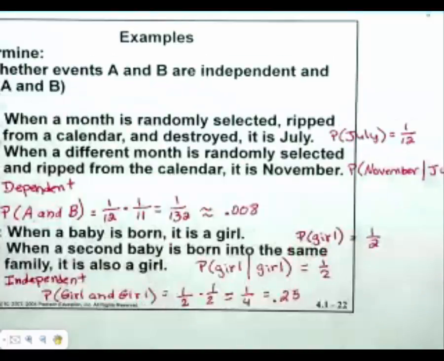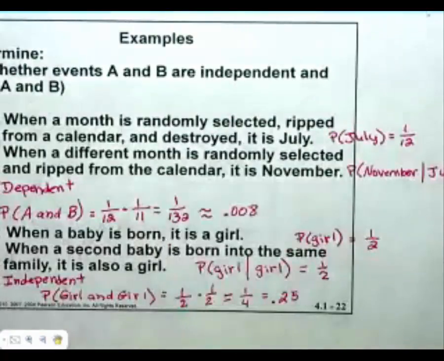That means if you looked at 1,000 families that had 2 children, about 25% of them, both kids would be girls. What about my case? I have 3 daughters. If I looked at all the 3 children families in the U.S., what's the probability that if I randomly selected one of those, they would all 3 be girls? How would I get that probability?